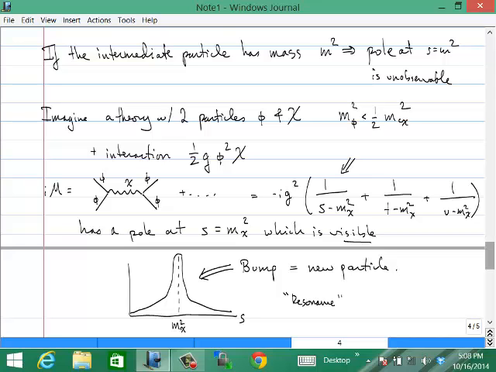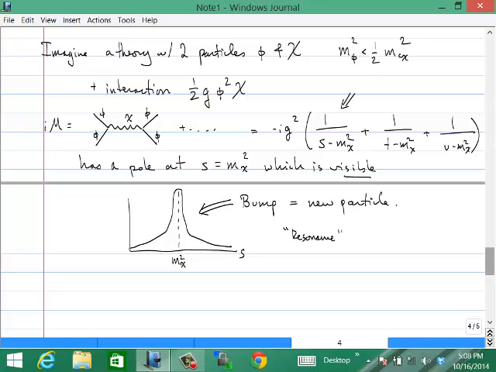Of course, you need to study all sorts of different scattering processes, involving all sorts of different internal particles, in order to be able to distinguish between them. For example, you can read off from this picture the mass of the internal state, the mass of the exchange particle.